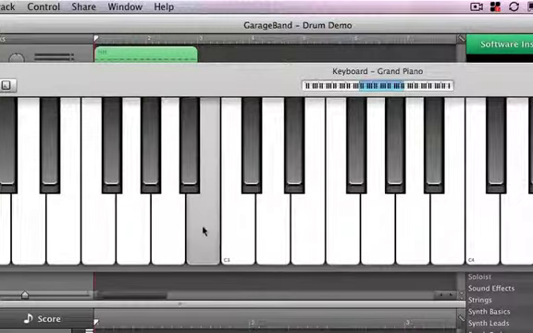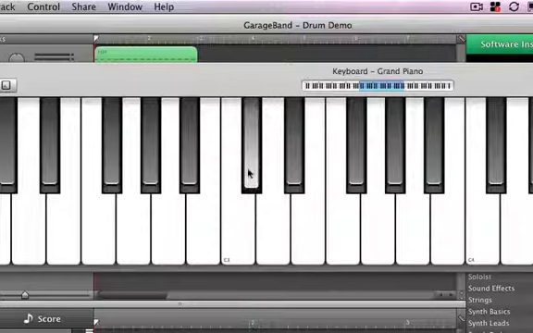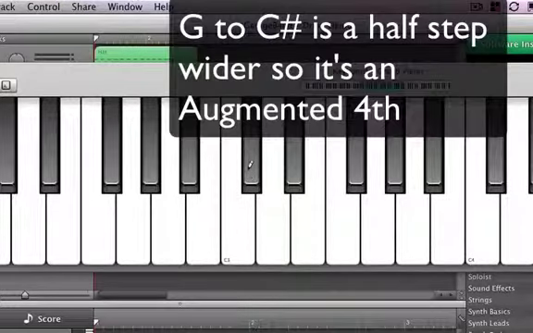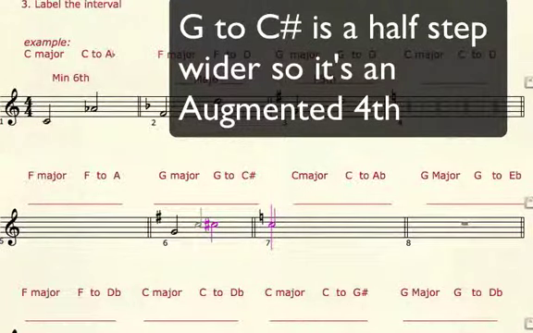And the answer is C natural. And so that G to C natural would be, right, a perfect fourth. But this is C sharp, therefore it's a half step greater than perfect. And remembering from our conversations before, when a perfect interval is increased by a half step, it becomes augmented. So this is an augmented fourth.